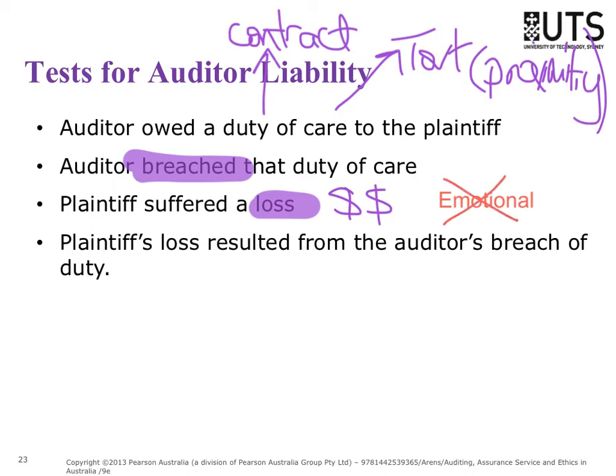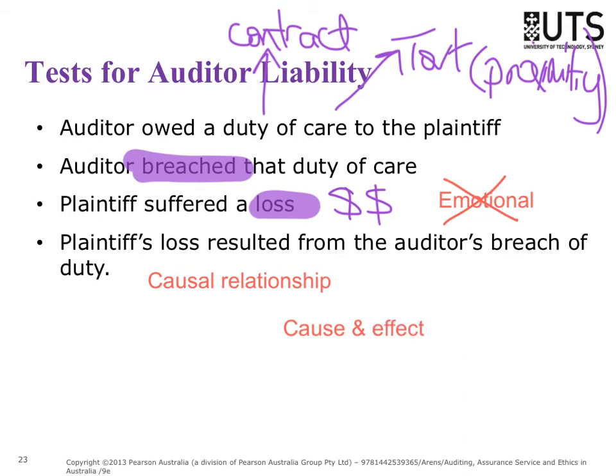All right. So emotional loss, not allowed to sue for that. Oh, I'm devastated because I invested all my money in these shares and it was a bad choice and then the company failed because part of the auditor's fault and now I'm emotionally scarred for the rest of my life. No. So it's only financial and not emotional. And there has to be here something that we call a causal relationship. Okay. That means that there must be cause and effect. That's another way of putting it.